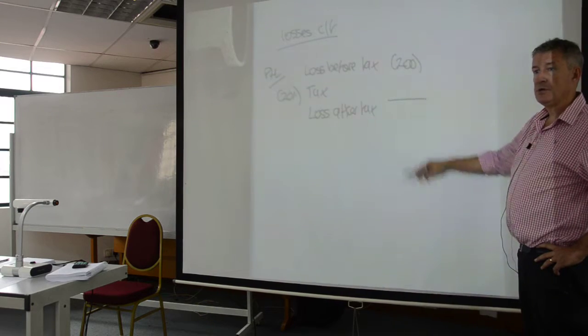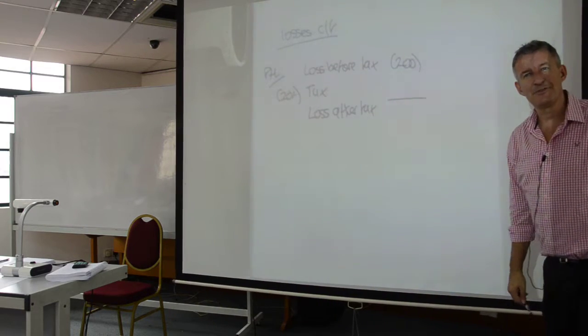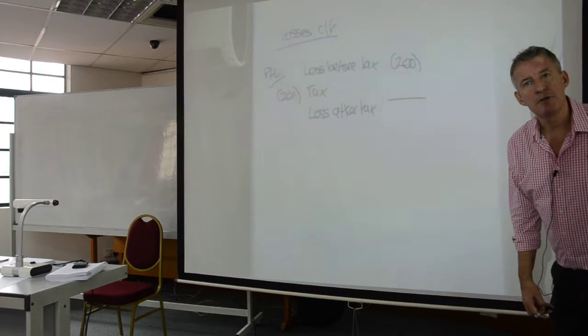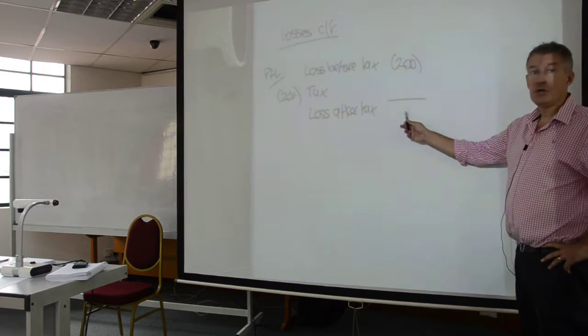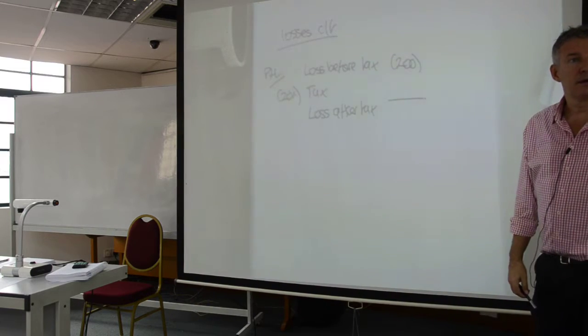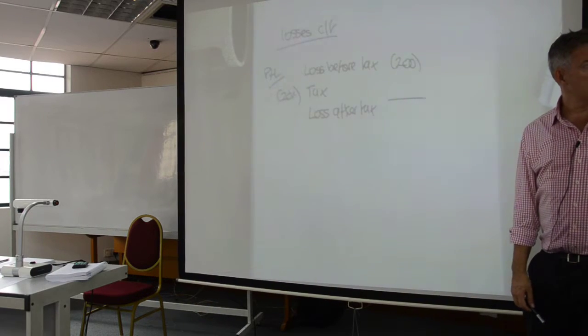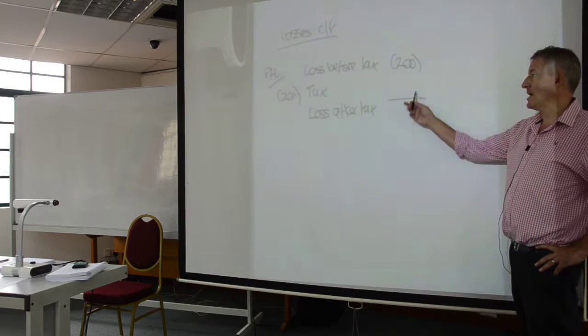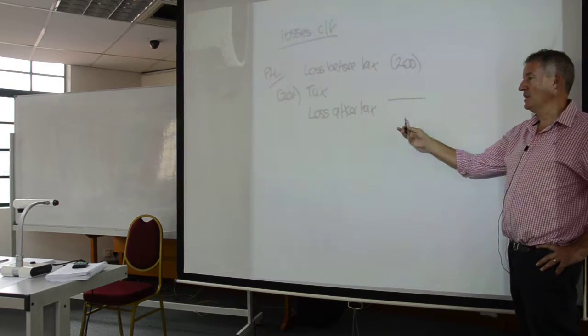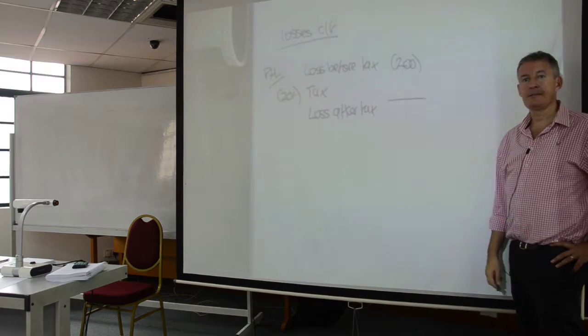Alternative number two, charge an expense of 40. Make the loss, therefore, 240. Scenario number three, give them the tax relief. Put a credit there of 40 and have a loss after tax of 160.